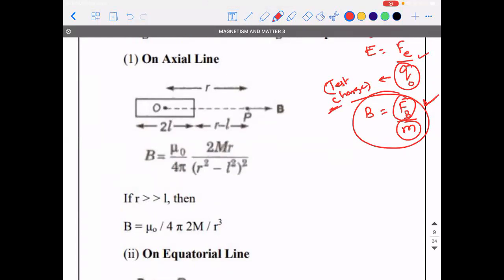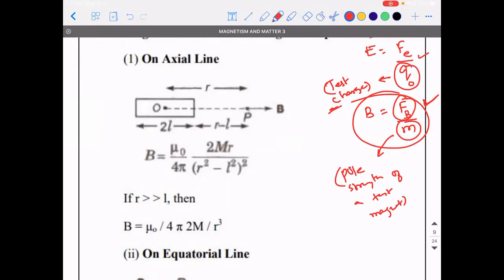Q naught is nothing but the test charge, and by default, the test charge is always positive. In a similar way, here m stands for what? It will stand for the pole strength of a test magnet. So why do we use a testing device? To understand the presence of those fields. Correct? So we are going to do it that way.